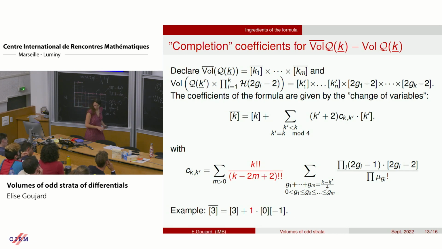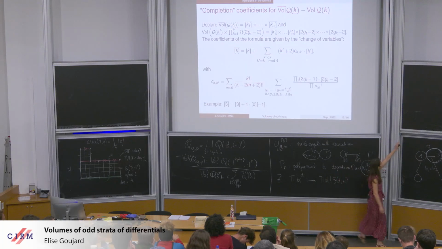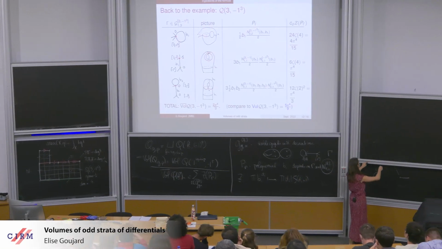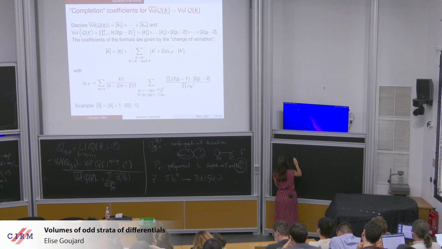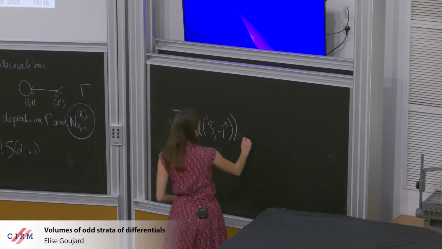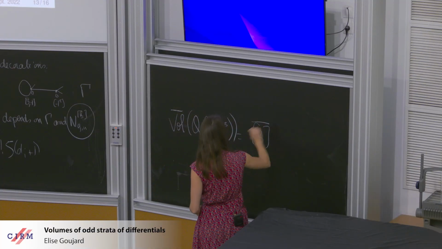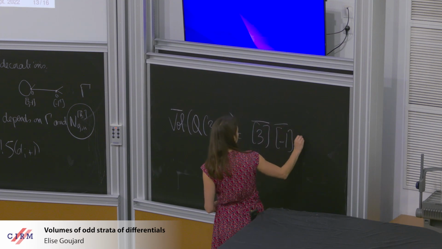Okay, so in my example, if I want to compute the completed volume of 3, minus 1, minus 1, minus 1, I proceed as if all these integers ki were independent. So I declare that this is just these variables times minus 1 completed, 3 times.